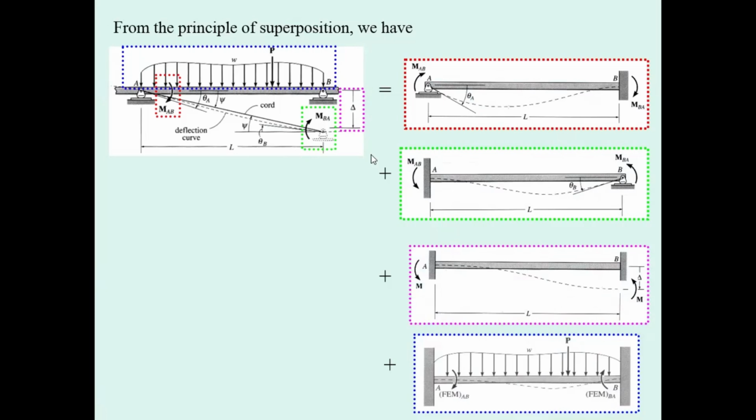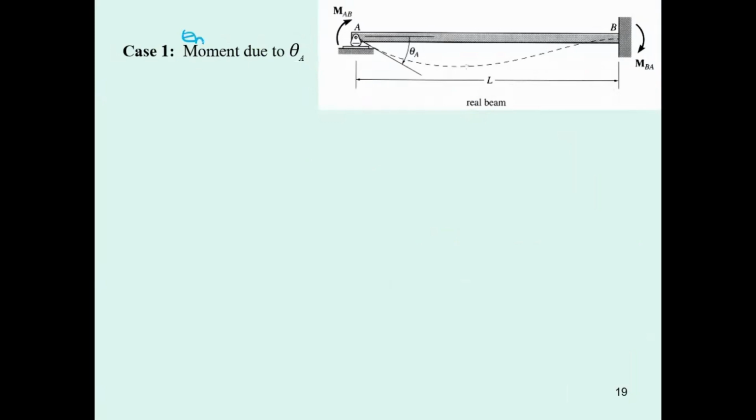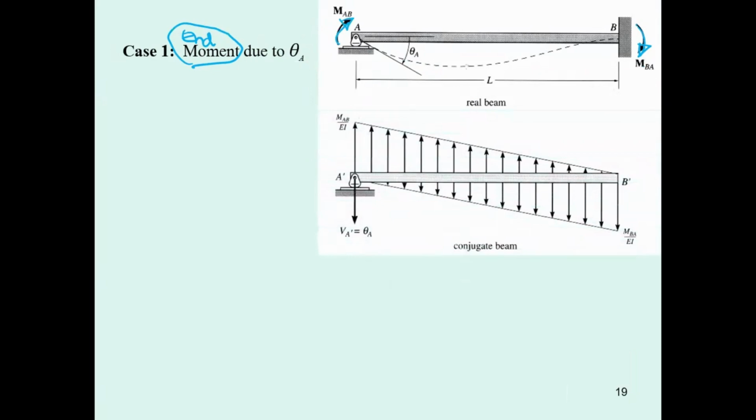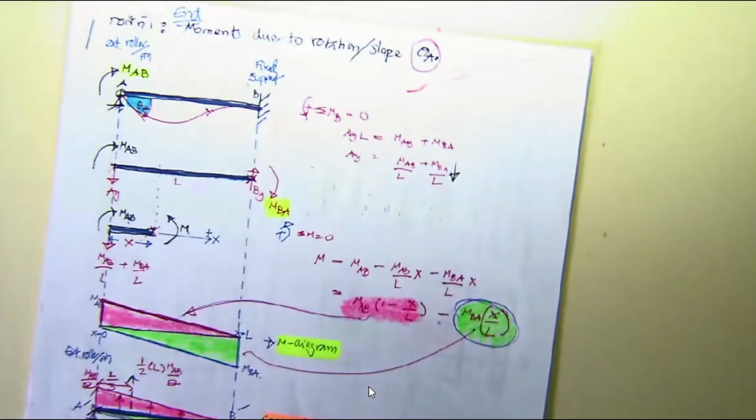The first one, we are looking for the end moment due to zeta sub A. Zeta sub A will produce M sub AB and M sub BA in the form of slope zeta sub A. If you take a look at the PowerPoint, you can jump back here, but Ajahn should say, I would like you to write everything by yourself if you prefer.